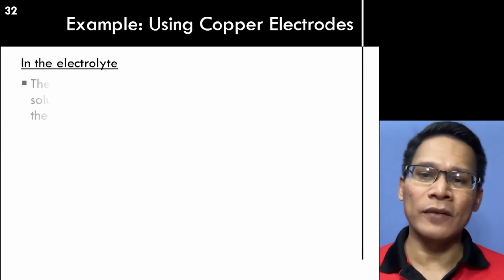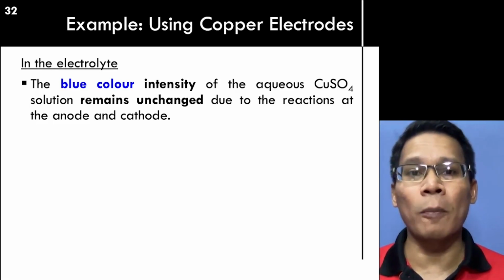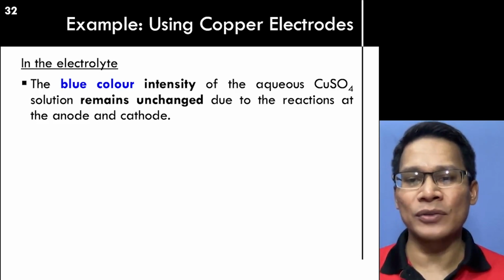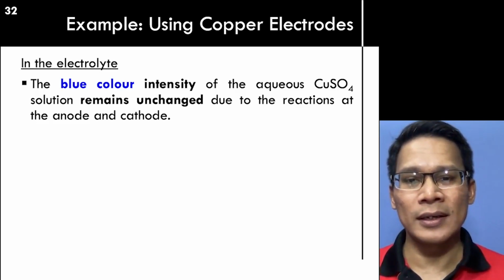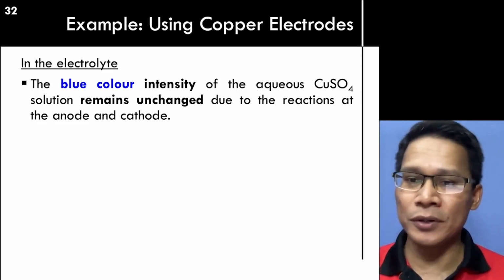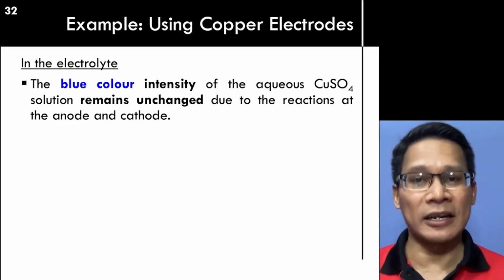The blue color of the copper sulfate solution is caused by the presence of copper(II) ions. Since the amount of copper ions discharged at the cathode is balanced by the amount of copper ions formed at the anode, the intensity of the blue color of the solution remains unchanged.